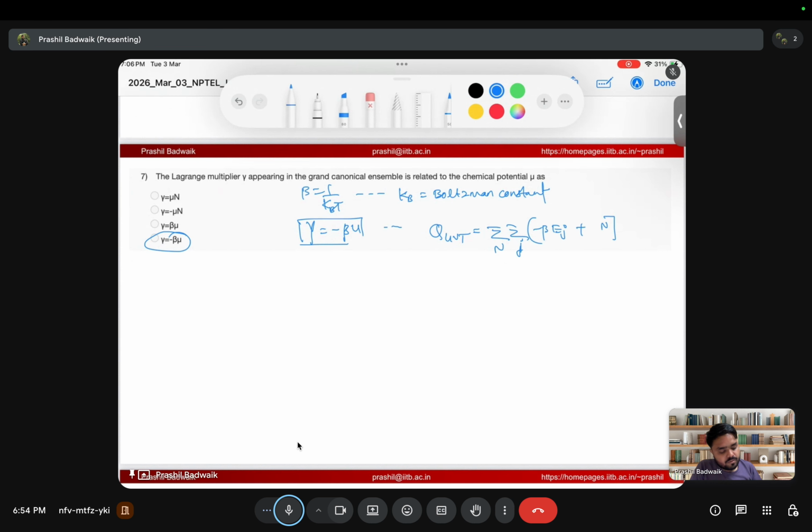This should be minus of gamma into the N, which will turn out to be plus beta mu. So you can see energy is there, and this is a forcing factor. Beta is also there, which is controlling, right? This is how it is. So option D is correct.